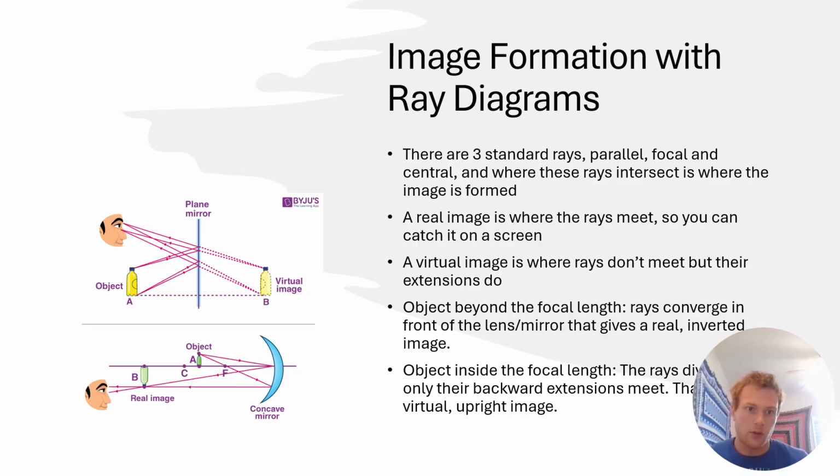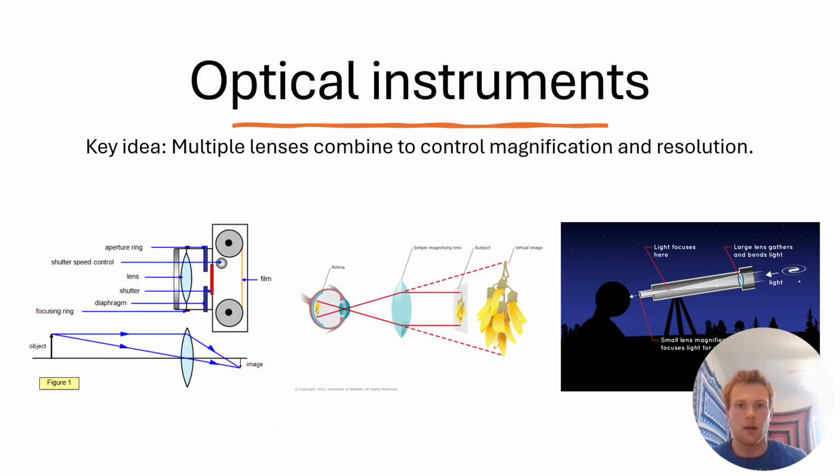But with a virtual image, it's a projection of the image coming back, so it's not actually there. So for an object beyond the focal length, rays converge in front of the lens or mirror, which gives a real inverted image. And for objects inside the focal length, the backwards extension meets, which gives the virtual upright image.